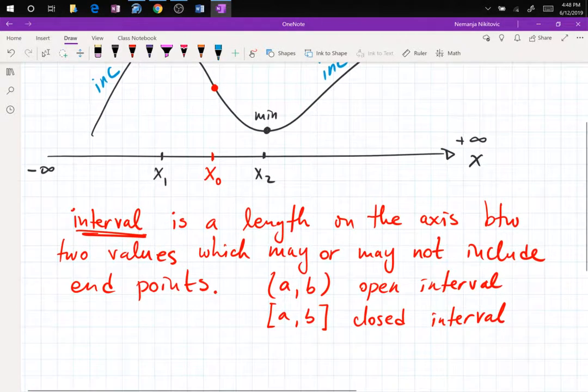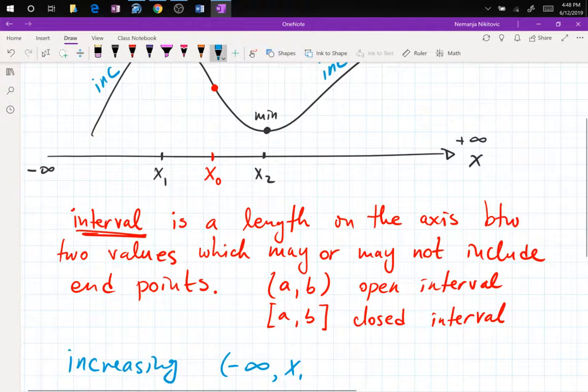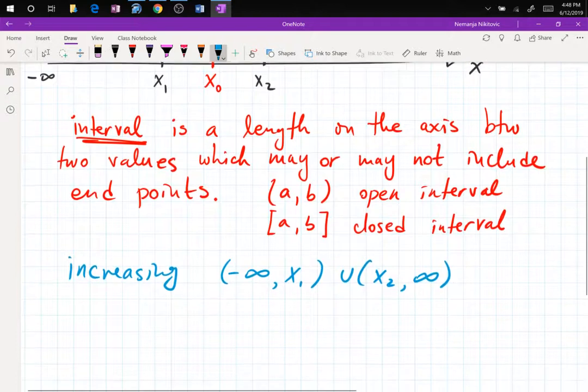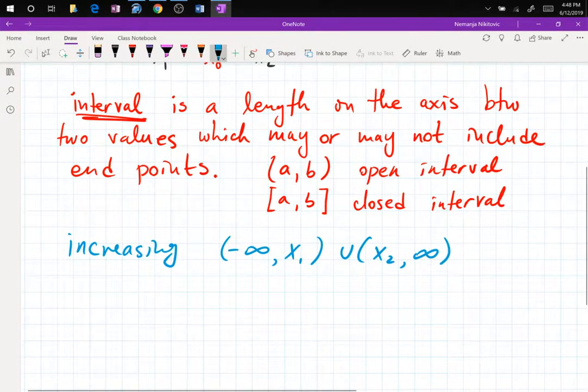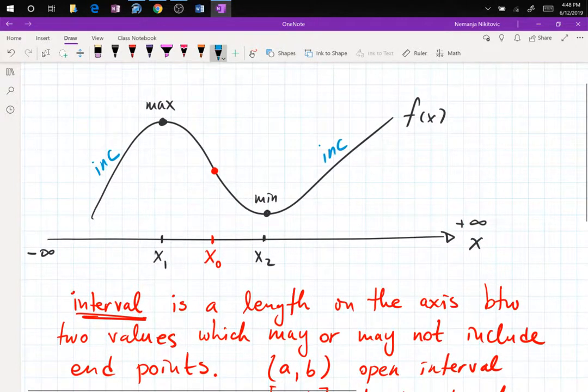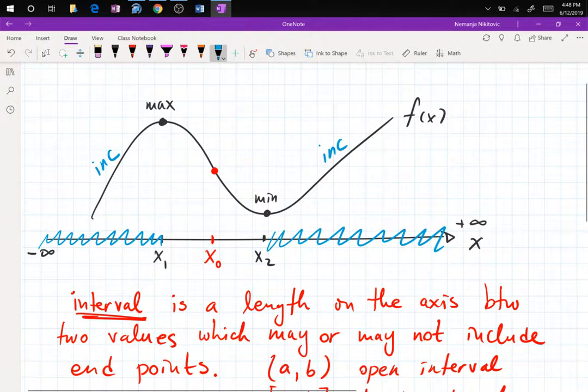The function here is increasing on negative infinity to x1 union x2 to infinity. These are two intervals that cover the space, all of this united with all of this. In the interval, you have all x values whose y's are arranged in an increasing fashion.